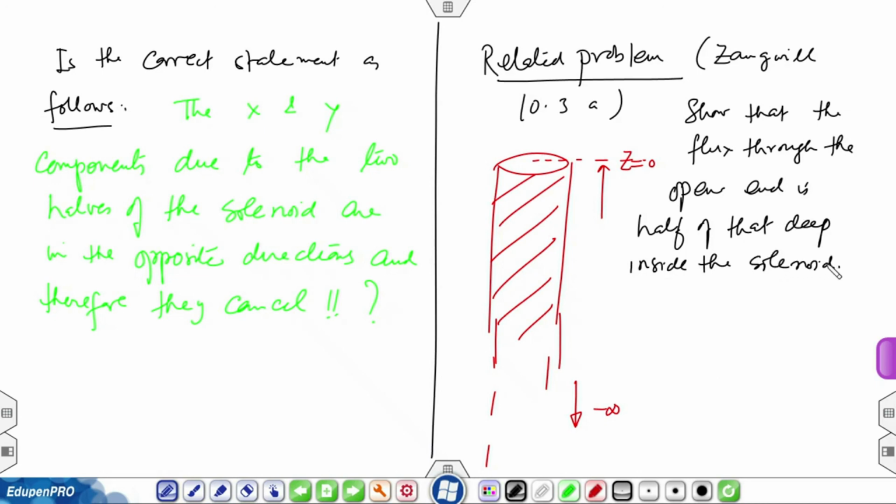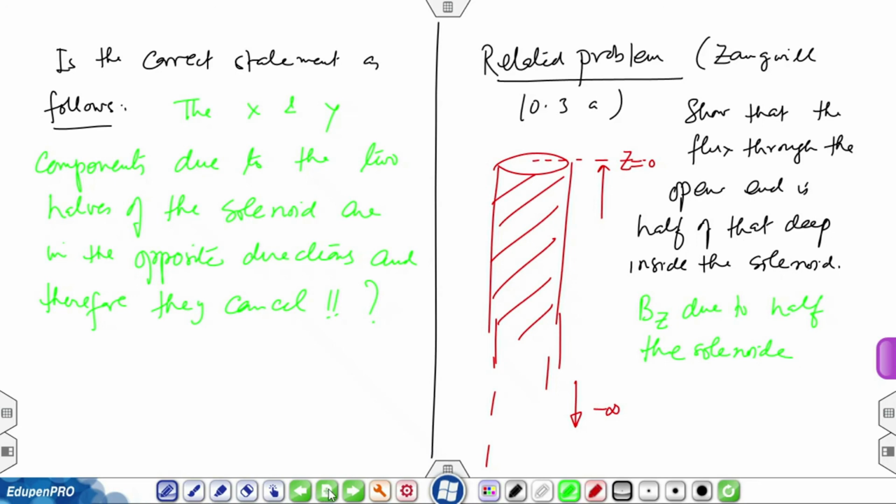Now, this should be a very easy problem for you, because I have just calculated B z due to half the solenoid, and this came out to be mu n by 2, and therefore, immediately it follows that the flux is 1/2.